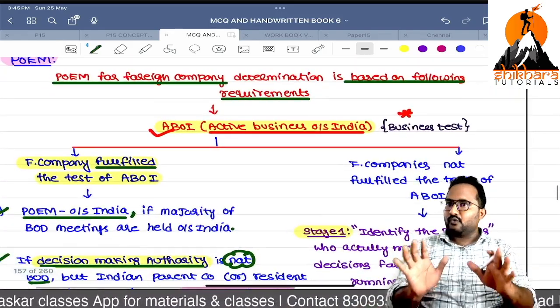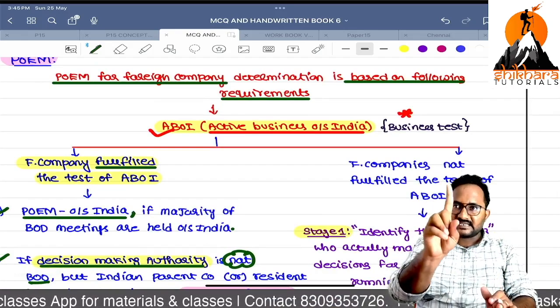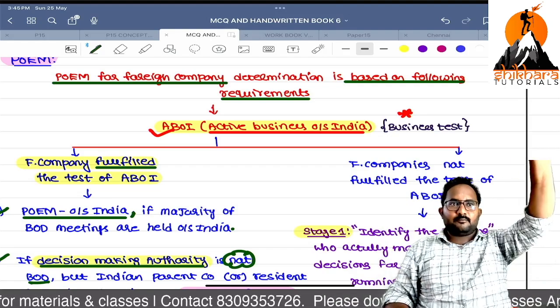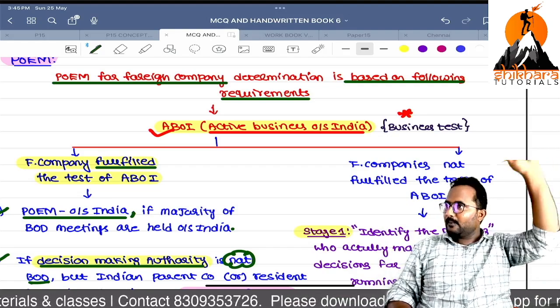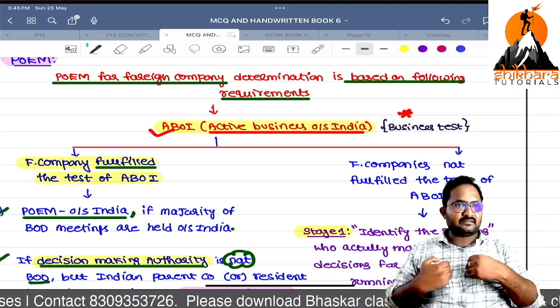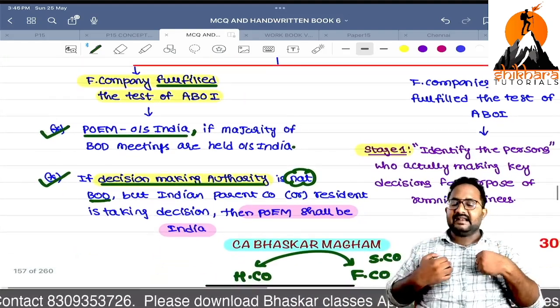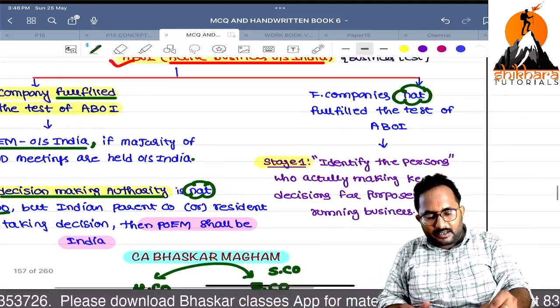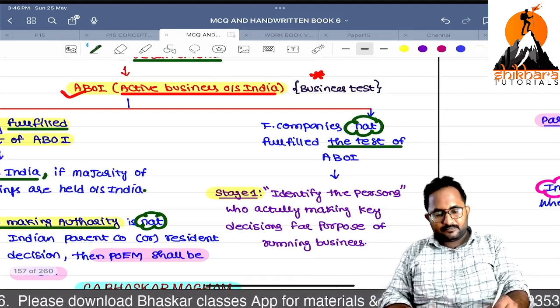First, if you want to know about POEM, you have to check the ABOI test. If it is satisfied and the majority of board meetings are held outside India, POEM is outside India only. But if decision making is by Indian companies or any Indian resident, then POEM is situated in India.